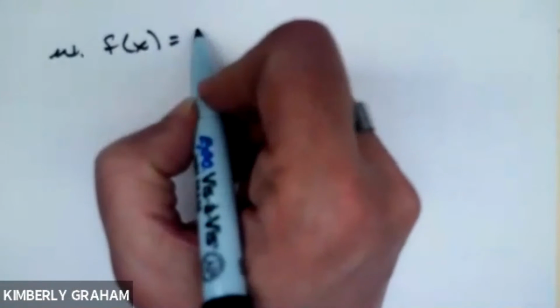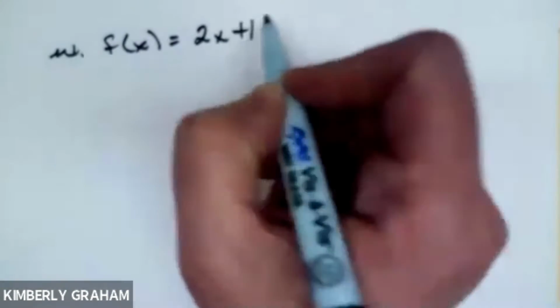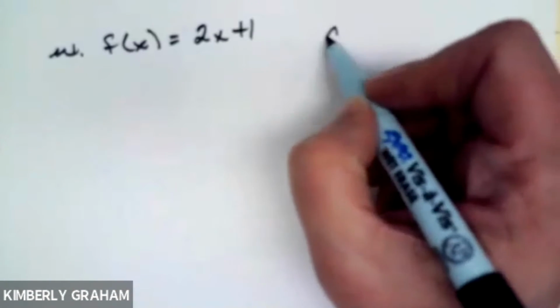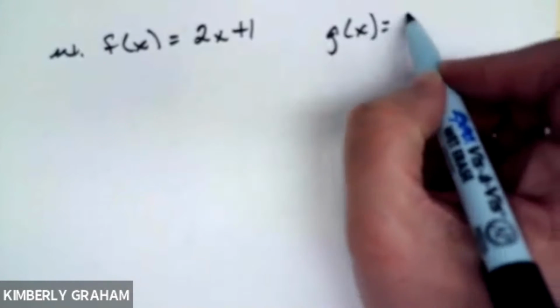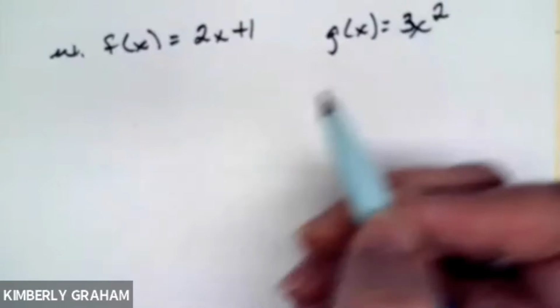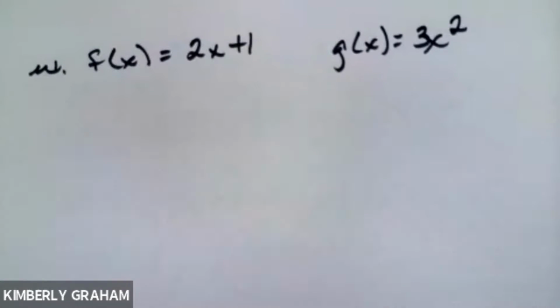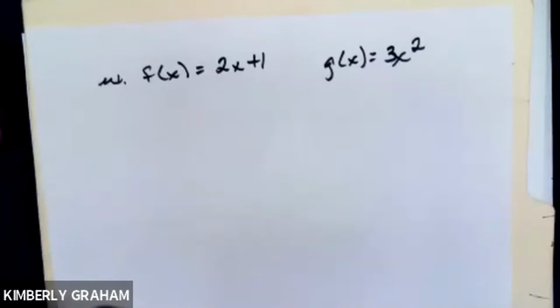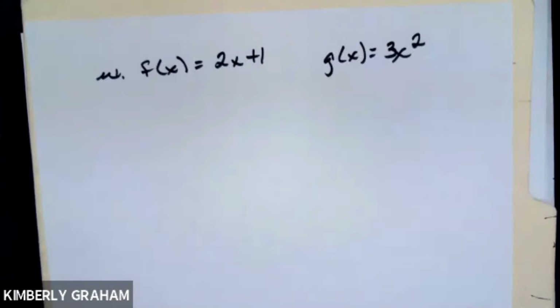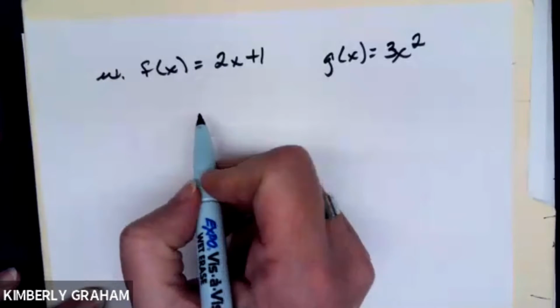An example here. Let's look at this function f of x equals 2x plus 1, and I have another function g of x equals 3x squared. If I wanted to find a composition of functions, that means I'm putting one function into the other function.